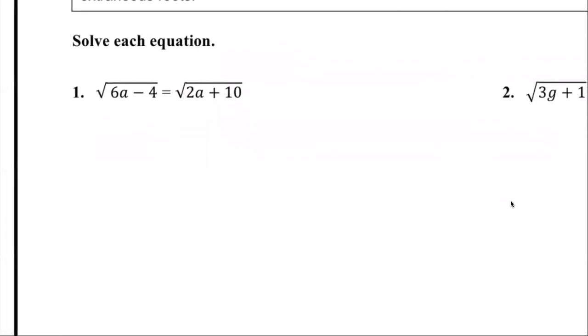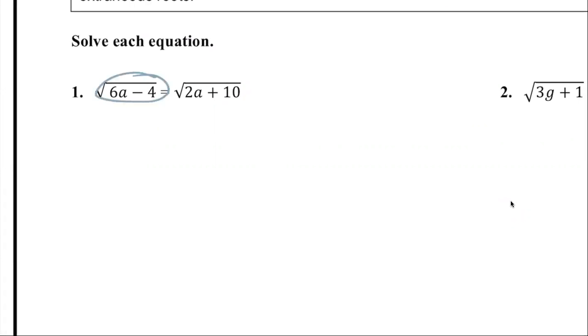All right, so let me show you how this works. So number one, we have two radicals, and I think the more complicated one, probably this one, is already isolated. They're actually both isolated. So I can skip step one where it's already done. I can raise both sides to the power of 2, since that index is 2, it's a square root.